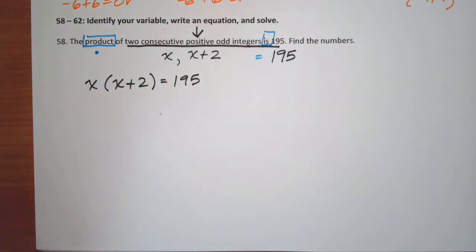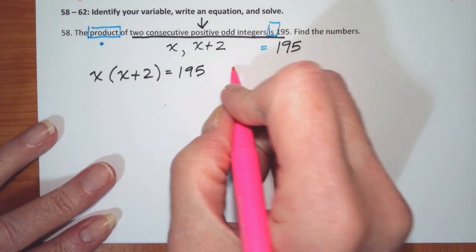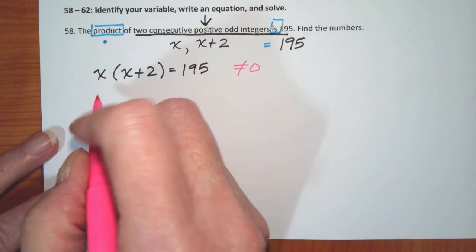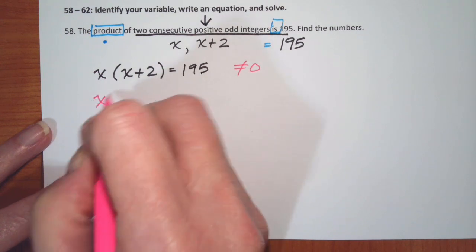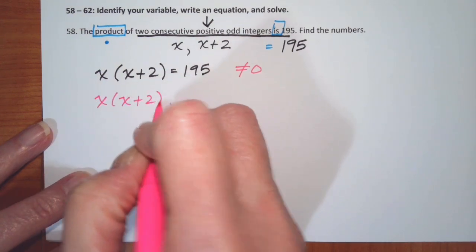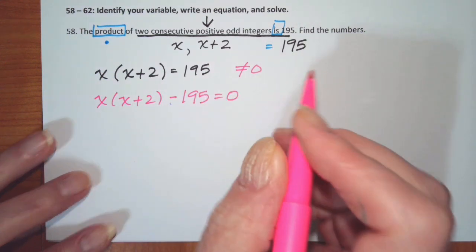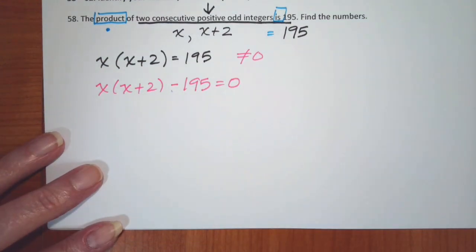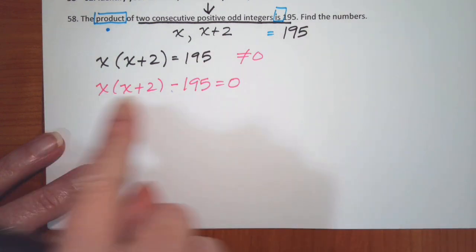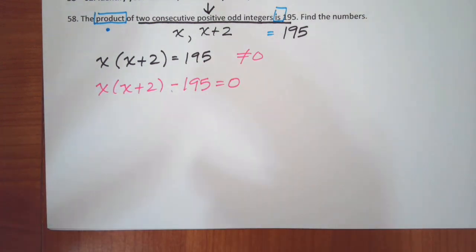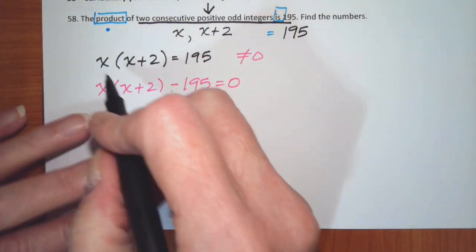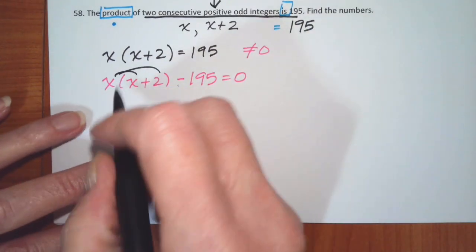Okay. All right, so let's think about our steps now when we want to solve this. This is not equal to 0, so we have to take care of that. So this becomes x times x plus 2 minus 195 is equal to 0. Okay, so now I'm going to have to factor this, but that means I have to distribute.